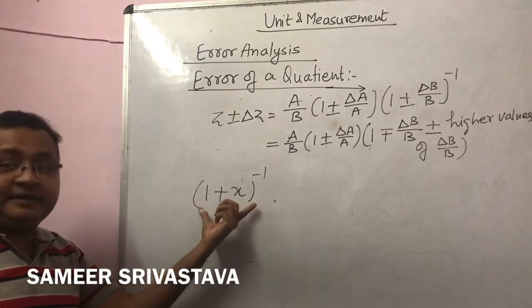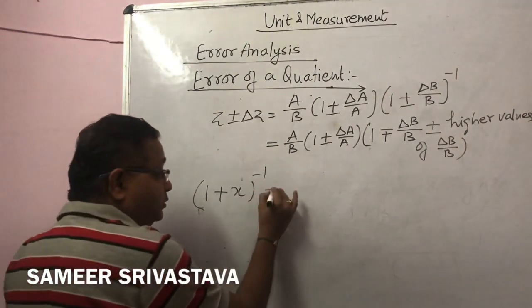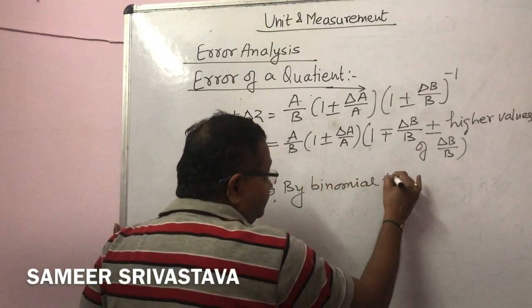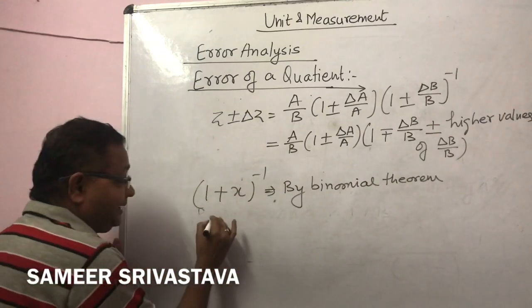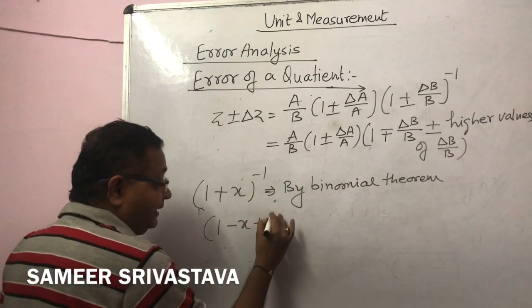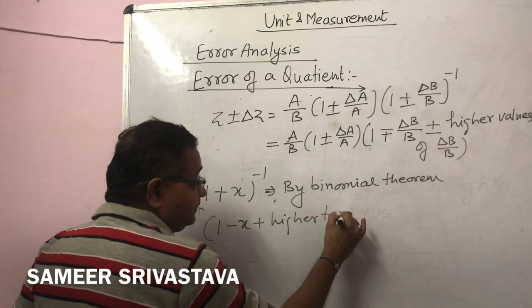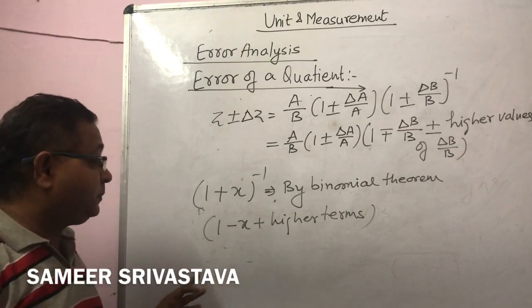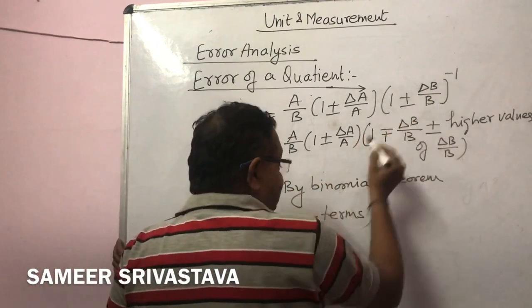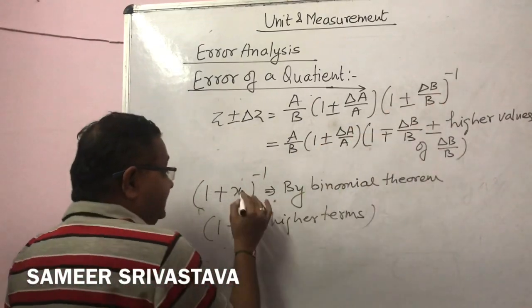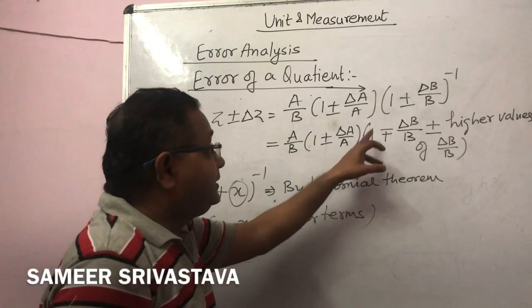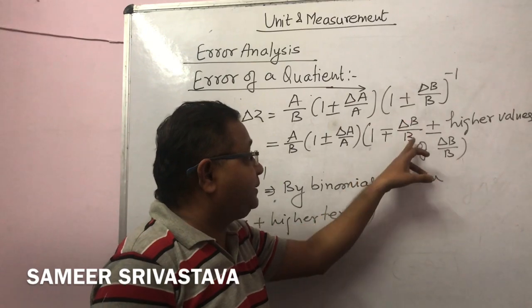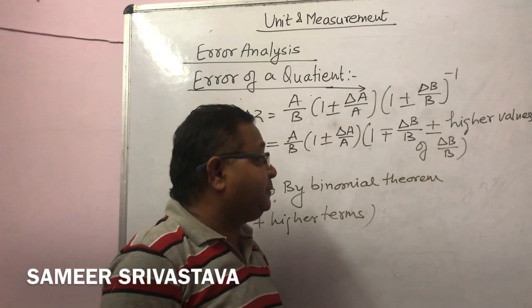By the binomial theorem, we can express it as 1 minus x plus higher terms. Similarly, here 1 plus minus delta B upon B is considered as x, so the plus becomes minus and the minus becomes plus: 1 minus plus delta B upon B plus minus higher terms of delta B upon B.